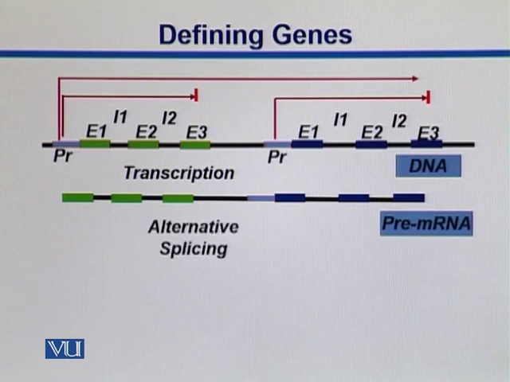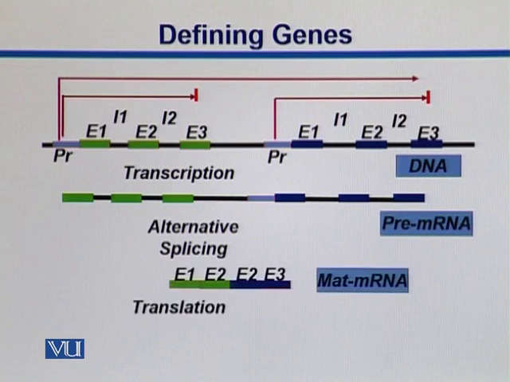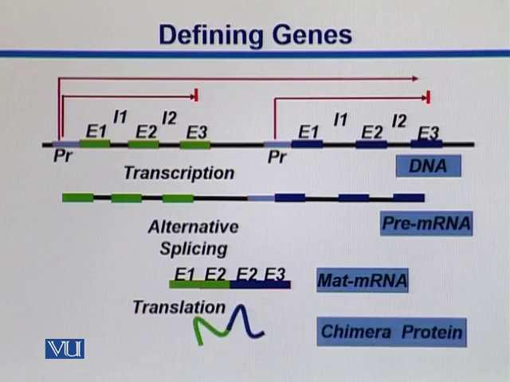There is some alternative splicing, and we get exon 1 and exon 2 of gene 1 in the final product, and then in the mature messenger RNA we get exons 2 and 3 from the second gene. In this way this RNA is a chimeric RNA, a combination of both those genes, and that might lead to a chimeric protein. So this is how we can combine two genes.